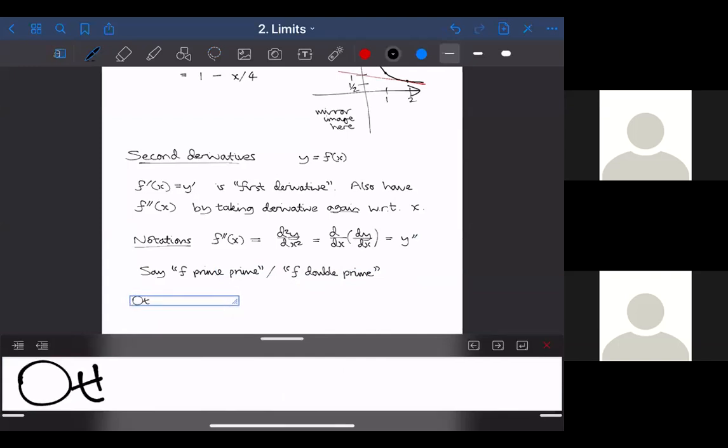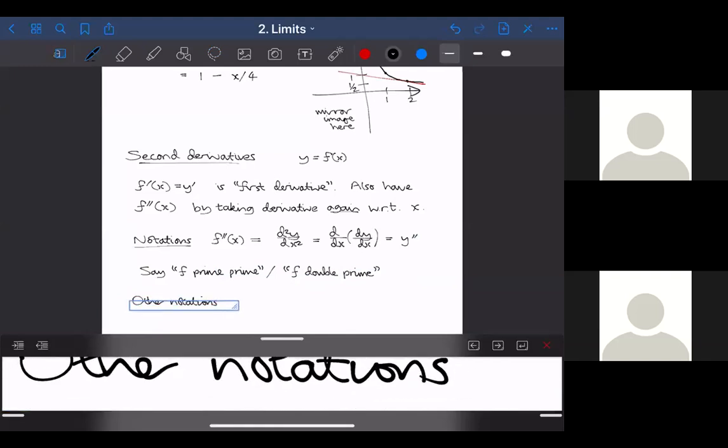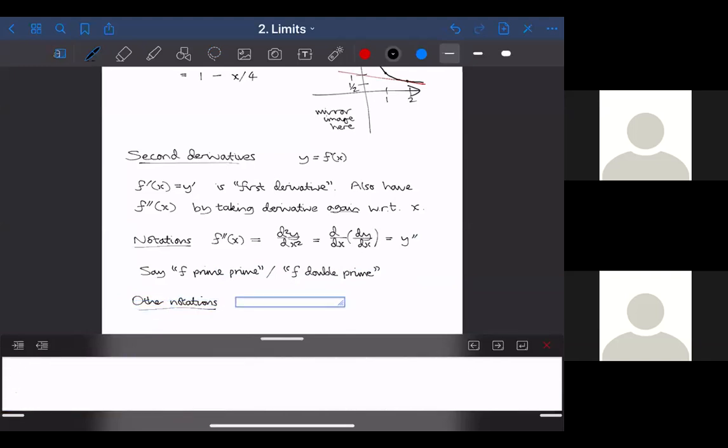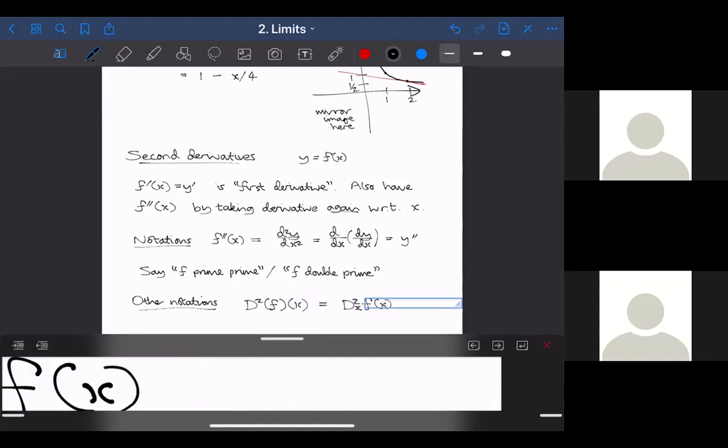Other notations, which you'll see less often but are used in more advanced texts: d squared applied to f, applied to x, that means the same function, or d squared with respect to x applied to f. That's also a function. Those mean the same thing.